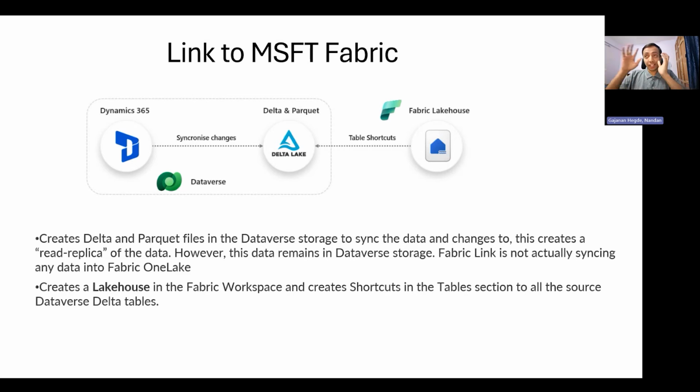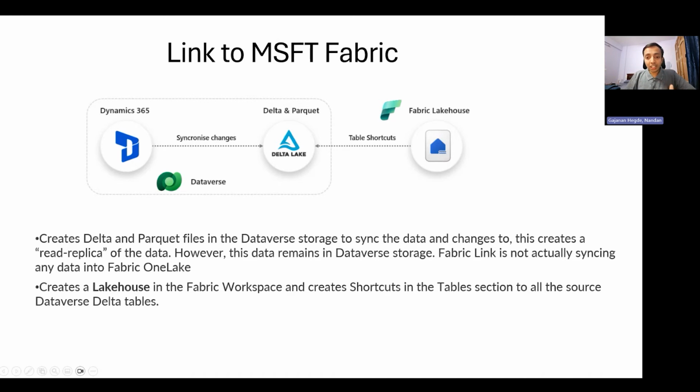And once it synchronizes the data in the Delta lake in the form of Delta Parquet, it creates a lakehouse in the Fabric workspace wherein I had the admin access, and creates shortcuts in the tables section to all the source tables that are present within the Delta Parquet. So this is what happens behind the scenes when we establish a Fabric link.